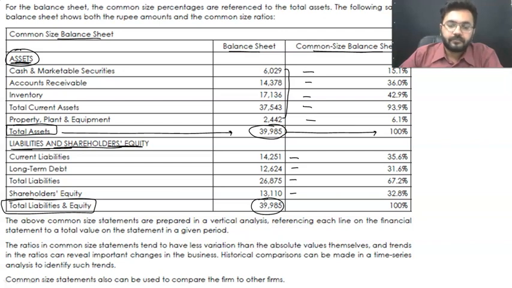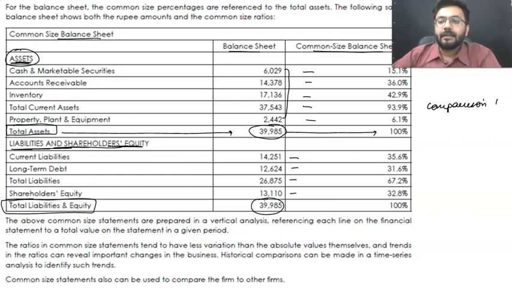Okay. So we are going to refer each and every financial statement item, and after that we are going to fix some kind of absolute values to them. Okay. And why are we even doing this? We are just doing this to have a proper comparison to other firms.